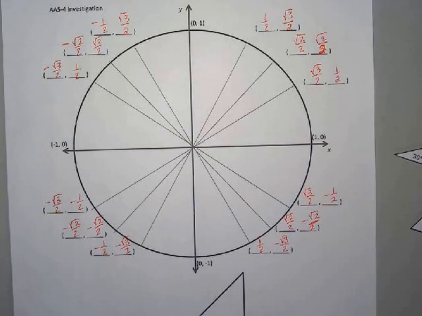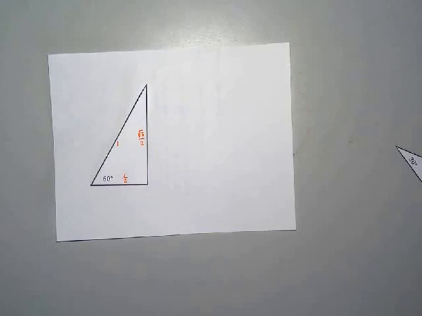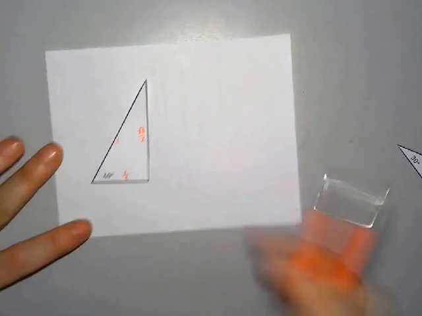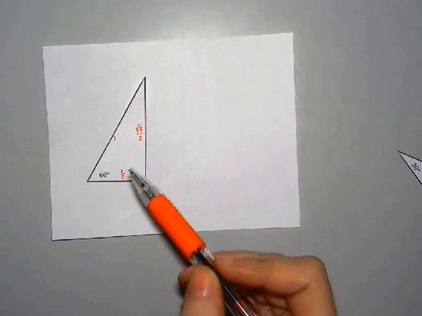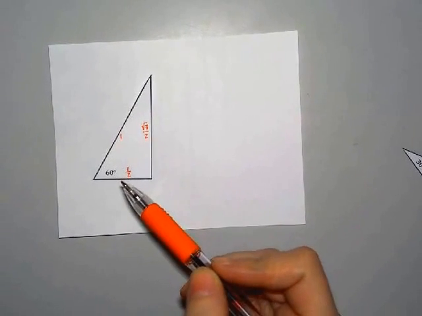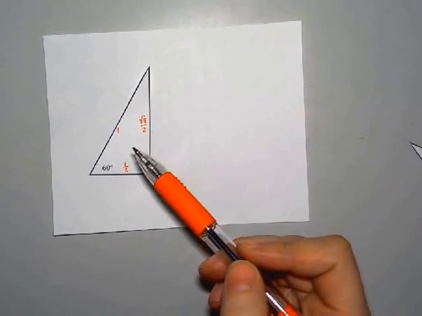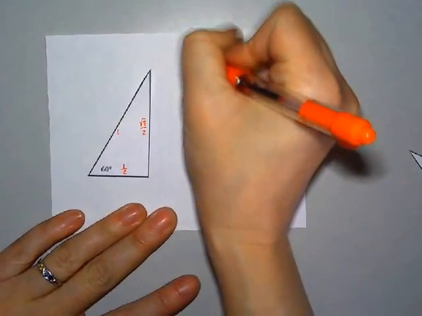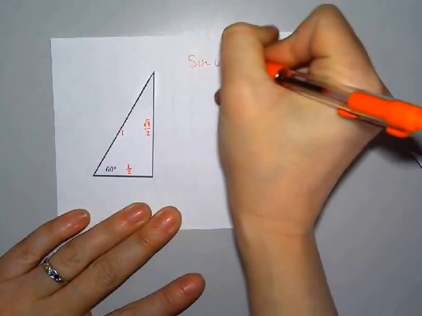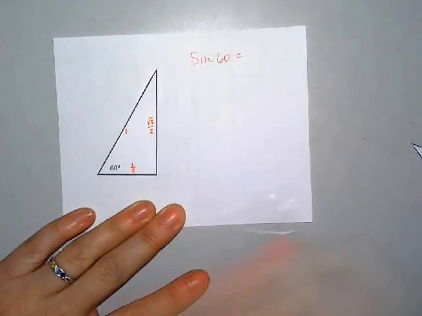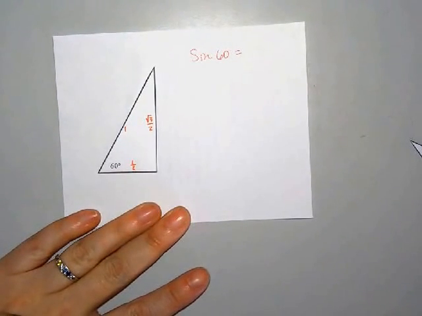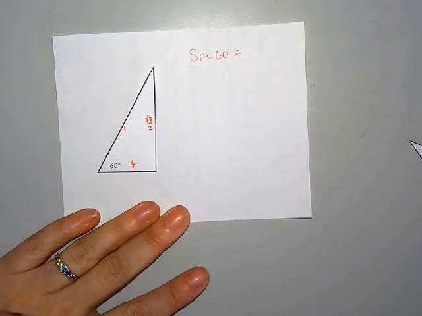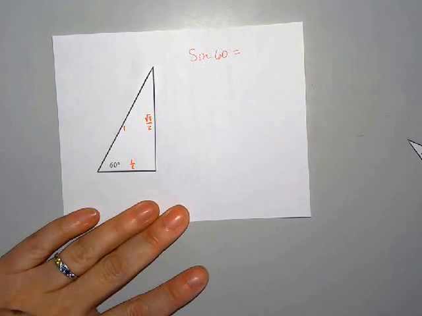Opposite and hypotenuse. So the sine of 60 on this one is going to be what? So rad 3 over 2 divided by what's the hypotenuse? 1. So the sine of 60 is rad 3 over 2.